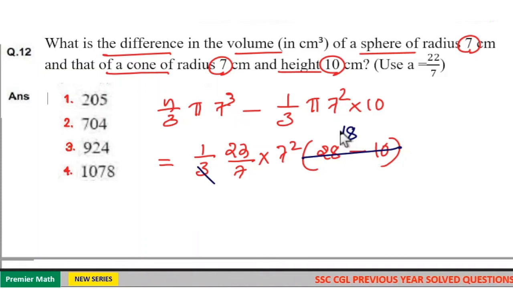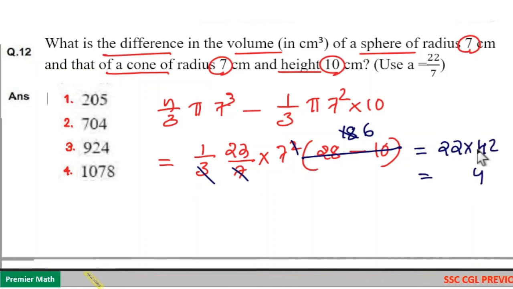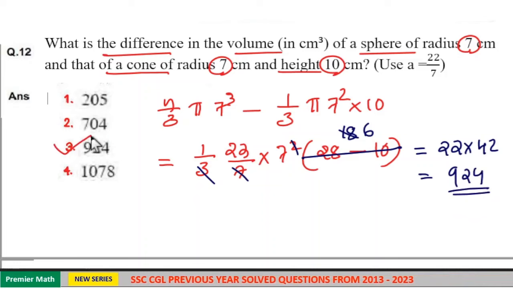And 3 goes 6 times in 18. 7 goes 1 time in 49. Remaining 22 into 7 into 6 is 42. So 22 into 42 is equal to 2 into 2, 4. 2 into 4, 8. 8 plus 4, 12. Remaining 1. 2 into 4, 8 plus 1, 9. So 924. Option 3 is your answer.